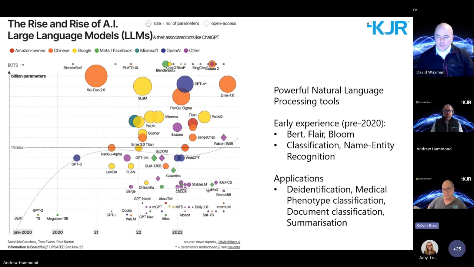Applying that in, we've been doing a bunch of projects in the medical domain, and they're very powerful tools for actually understanding text and content and deriving information from that. So traditionally we would build classification models, named entity recognition, deriving information from text documents and adding that into an information corpus. And we found that these large language models became the most powerful state-of-the-art methods for de-identifying documents.